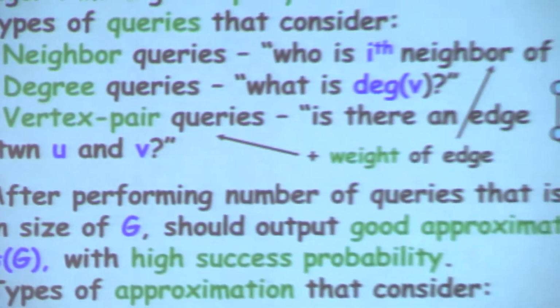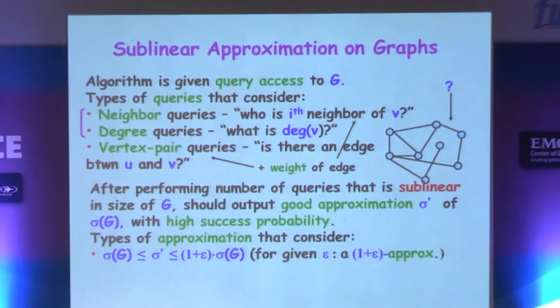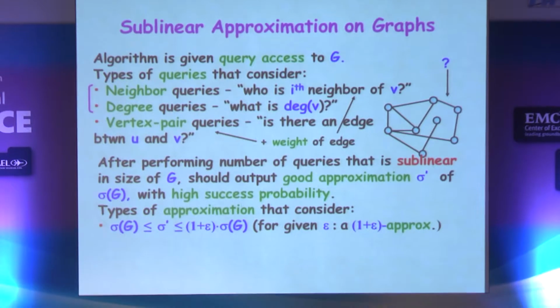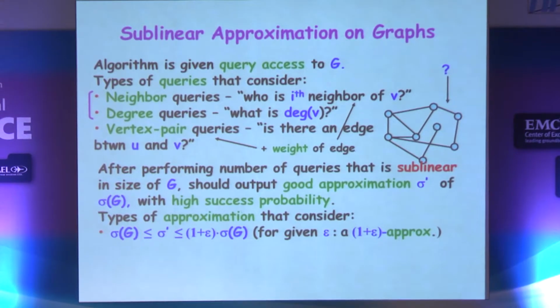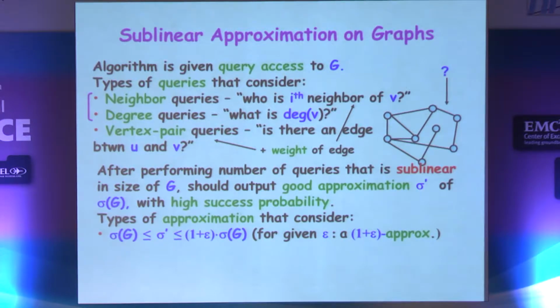Now, what do I mean by good approximation? I can think of several types of approximation. Probably the strongest one is to approximate the value within 1 plus epsilon. I wrote it in a non-symmetric fashion just for simplicity; you can make it symmetric, of course. So that's one type.